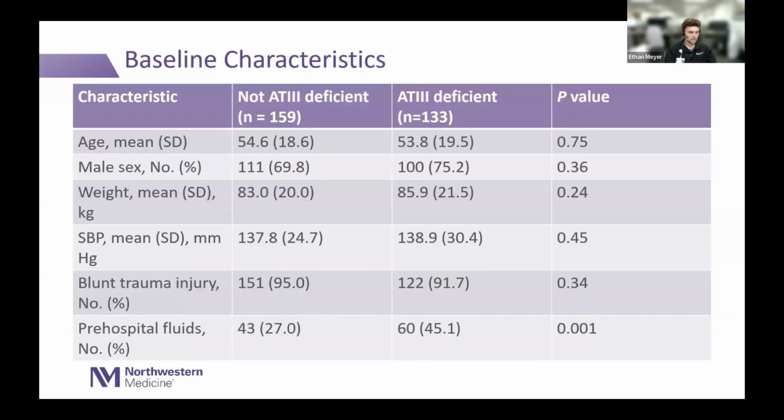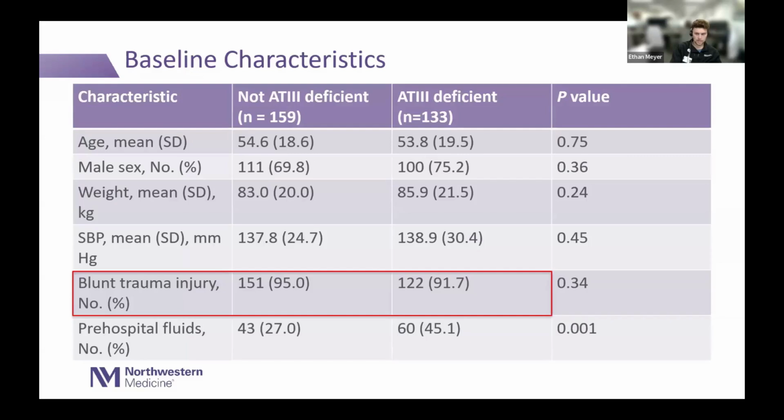With the baseline characteristics, I will give you a moment to look at these. One thing I did want to make note of, so the pre-hospital fluids, more patients who were antithrombin deficient received fluids prior to hospitalization. And then I also wanted to highlight that over 90% in each group were blunt trauma injuries.